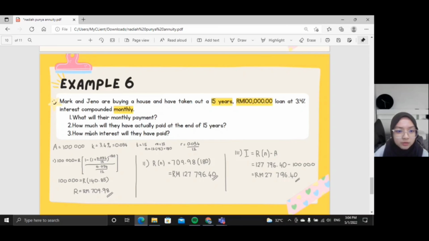Next, the third question, how much interest will they have paid? So how do we find the interest?